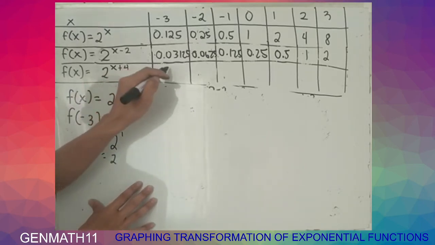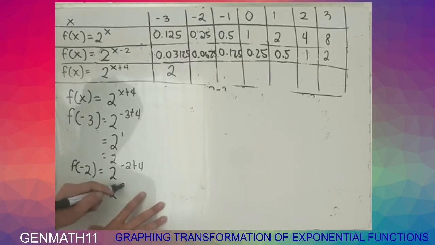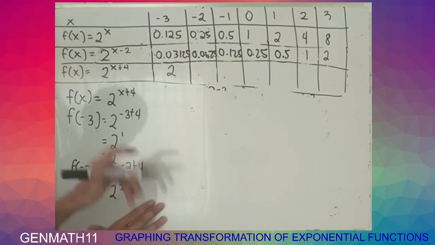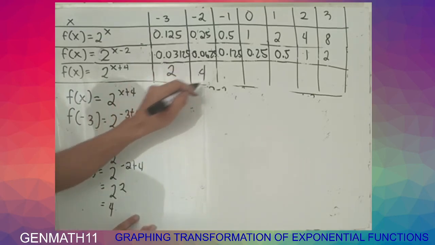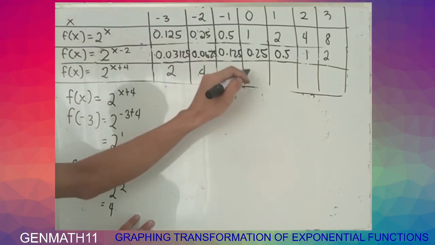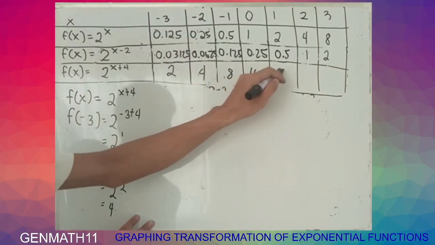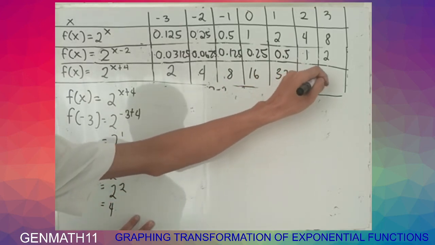So, 2. Next, negative 2. 2 raised to negative 2 plus 4. Positive pa rin yung sagot natin. Negative 2 plus 4 is 2, so 2 squared is 4. Alam na natin yung sunod. 2 times 2, 4 times 2, 8 times 2, 16 times 2, 32 times 2, 64 times 2 is 128.